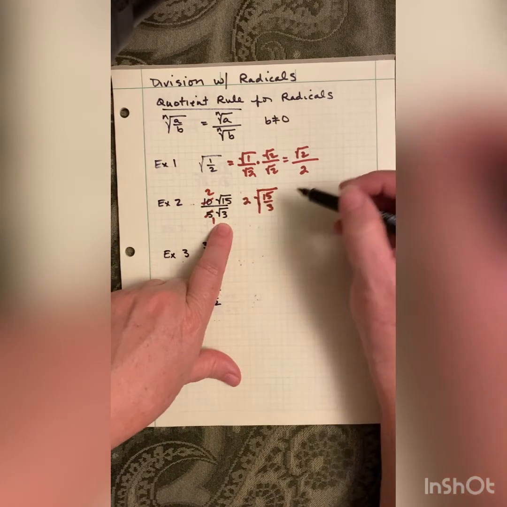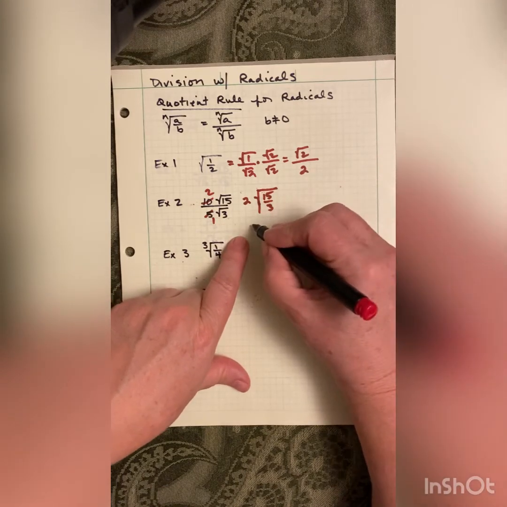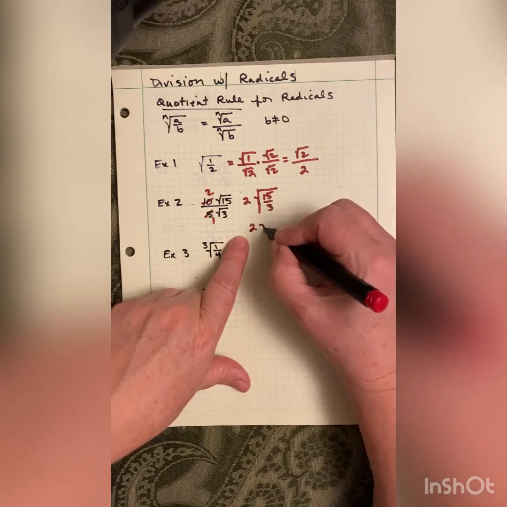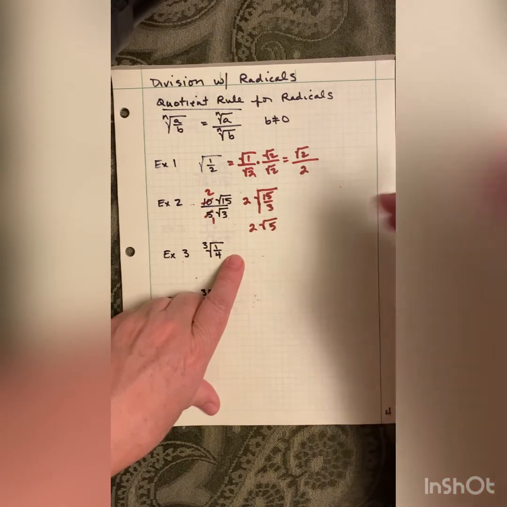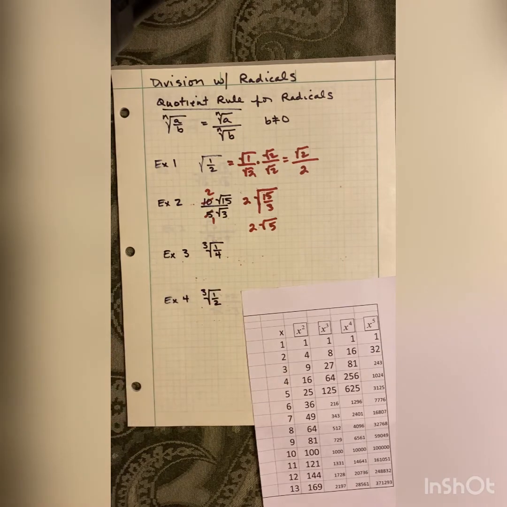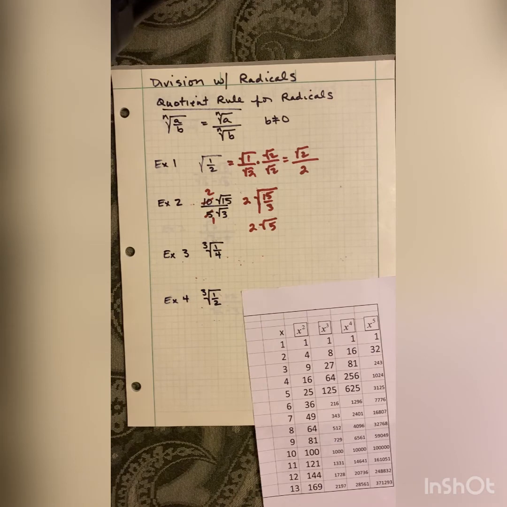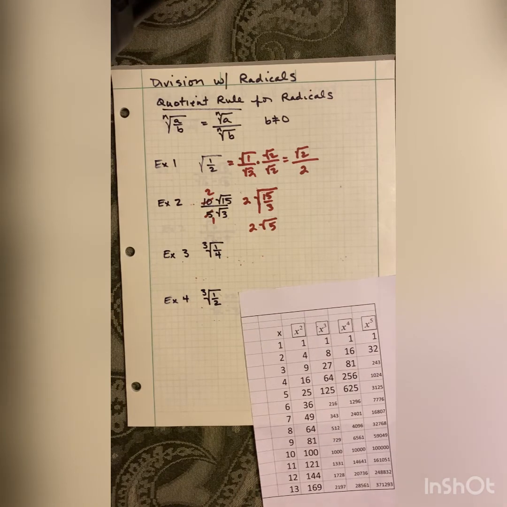So 2 times square root of 15 over 3, and that will give me 2, and 15 over 3 is 5. That's as far as I can go on that one, because 5 is not found on my square root table over there. So that's it for that one.